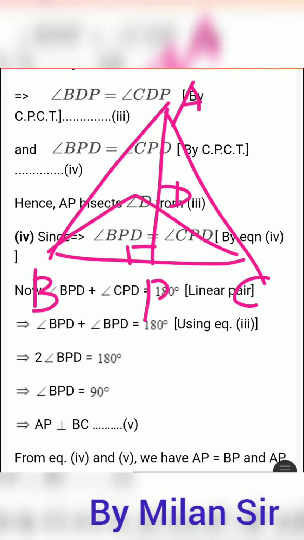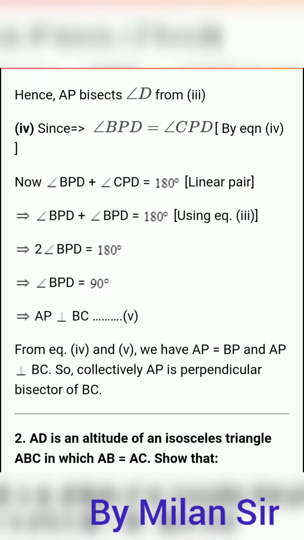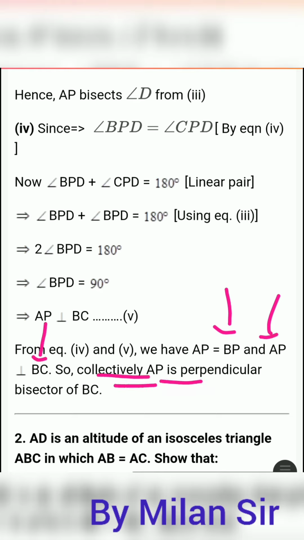So BPD is 90 degree. It means AP is perpendicular to BC, right? Perpendicular means 90 degree. So AP is perpendicular to BC. We already proved AP is equal to BP in question 2, and AP is perpendicular to BC. So collectively AP is the perpendicular bisector of BC.